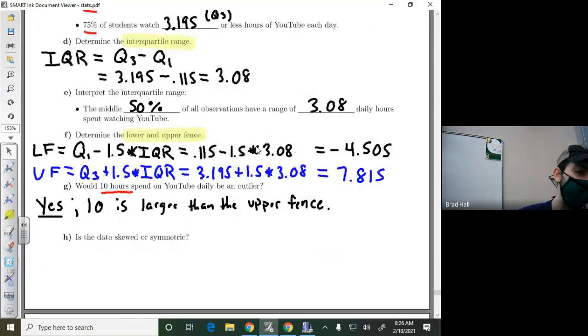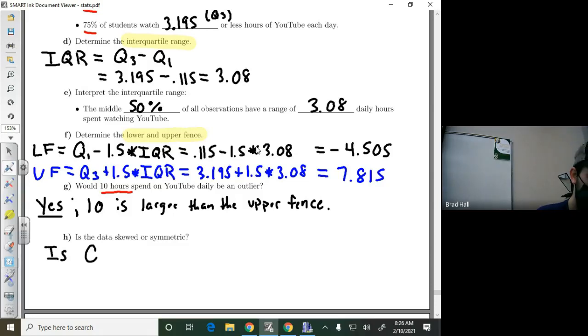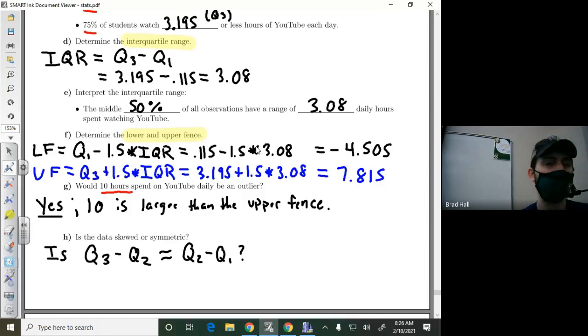On Help Me Solve This, they also mentioned another way of looking for this. Is Q3 minus Q2 approximately equal to Q2 minus Q1? This is something they use as an indication for skew.